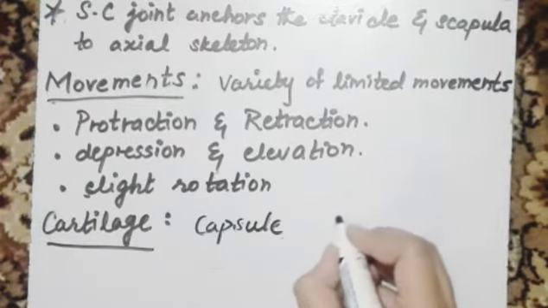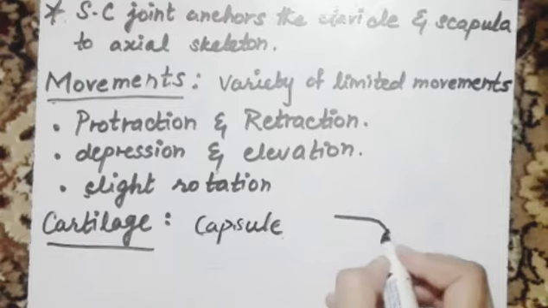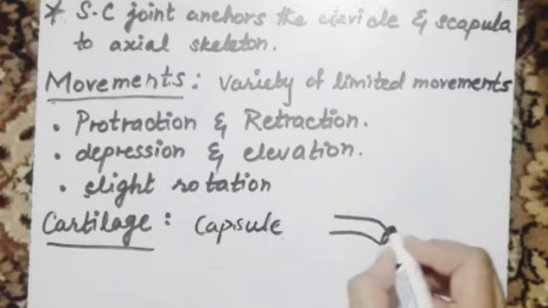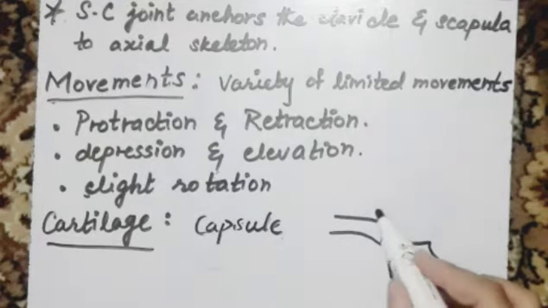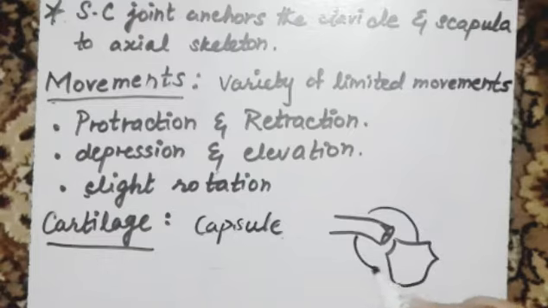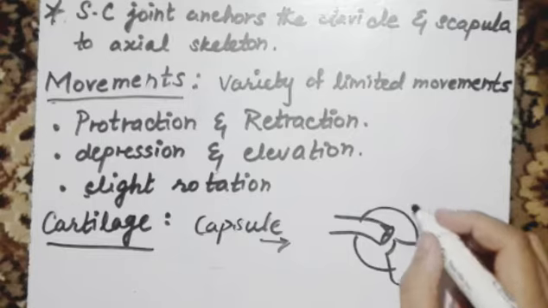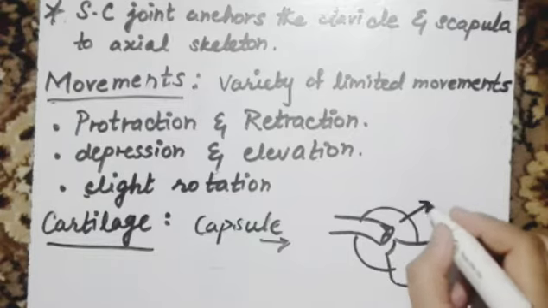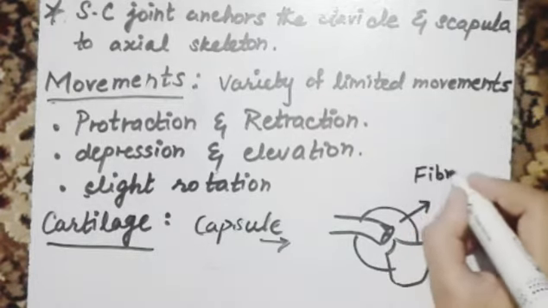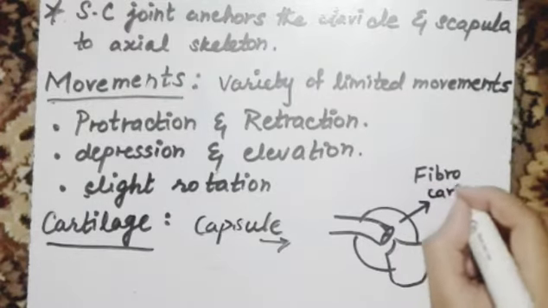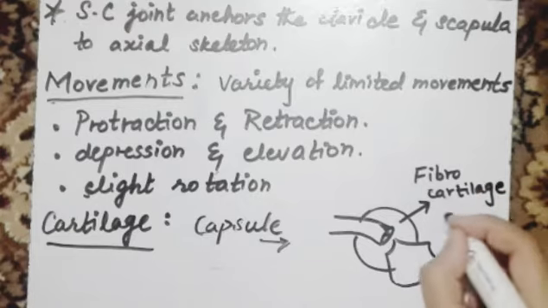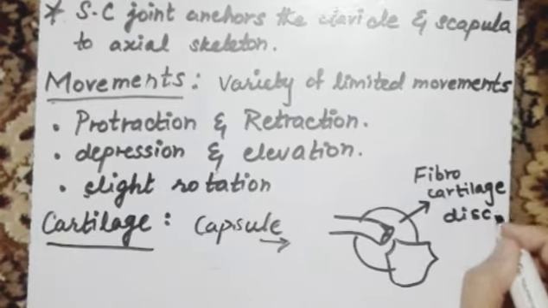Let's make a diagram to elaborate it. So this is the clavicle, and this is the sternum, and there is a capsule of articular cartilage surrounding the sternoclavicular joint. Inside there is a fibrocartilage articular disc that creates a clavicular and a sternal synovial cavity.